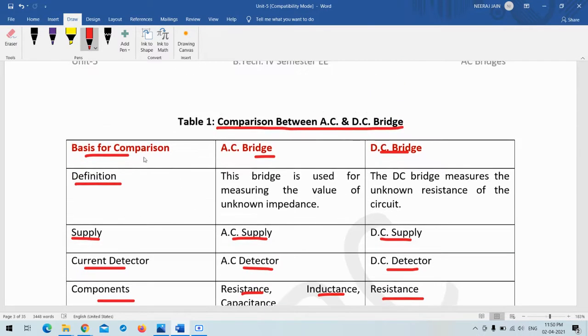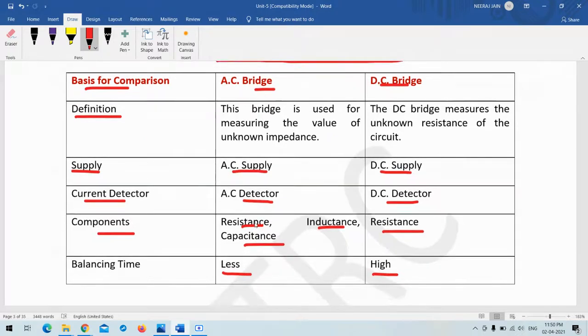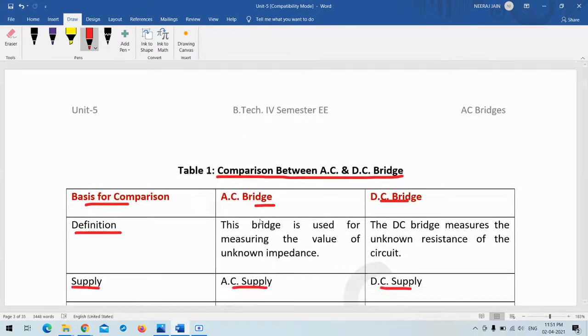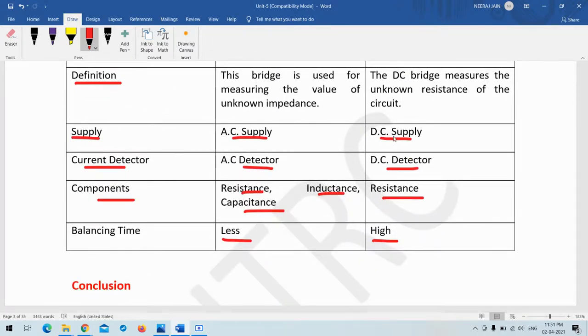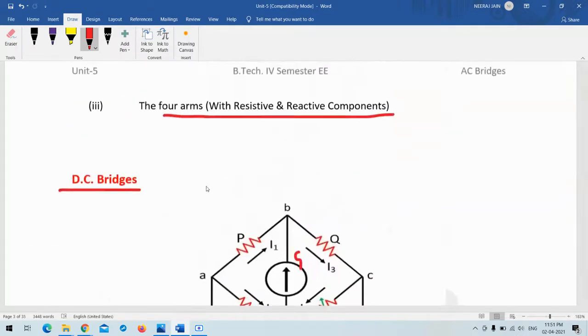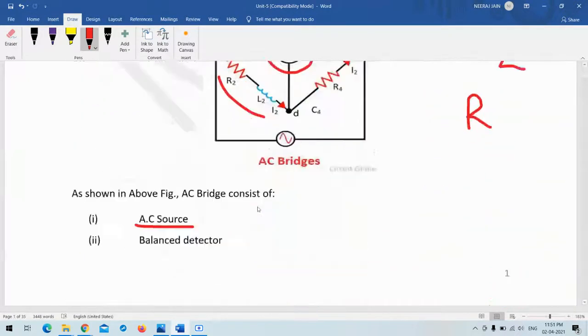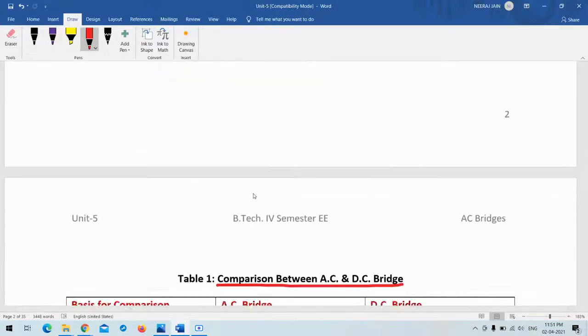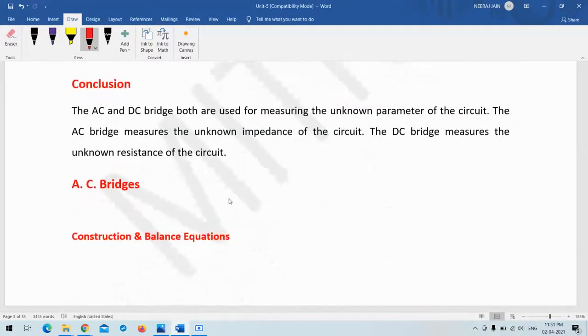So we can write it in tabular form if the question is asked about the basic difference between the AC and DC bridges. We can also first make the diagrams of both the AC bridge and the DC bridge, then write it in tabular form. Now we can conclude that the AC and DC bridges are both used for measuring an unknown parameter of the circuit.